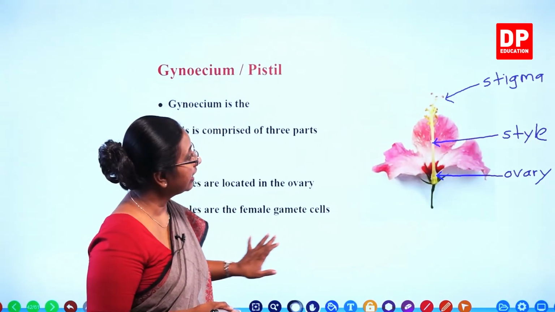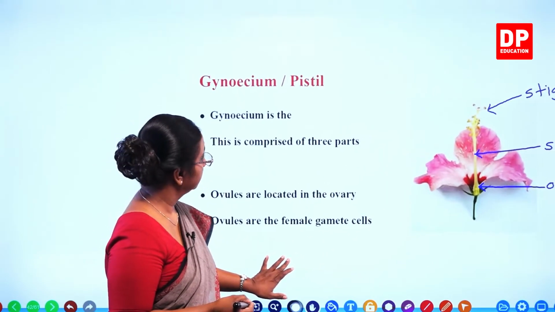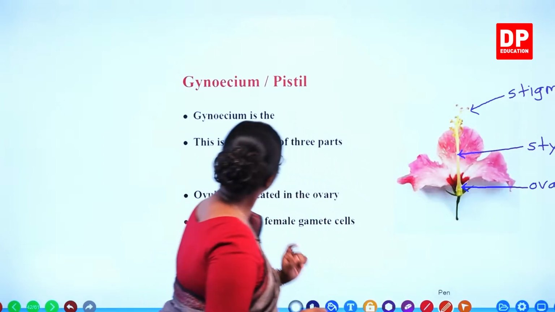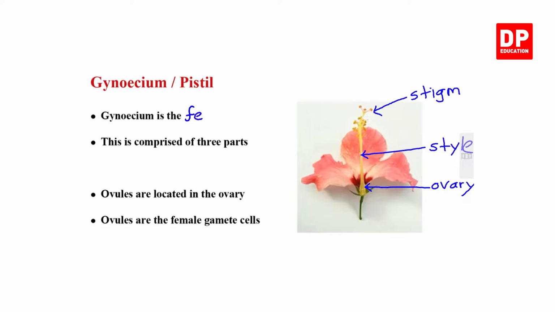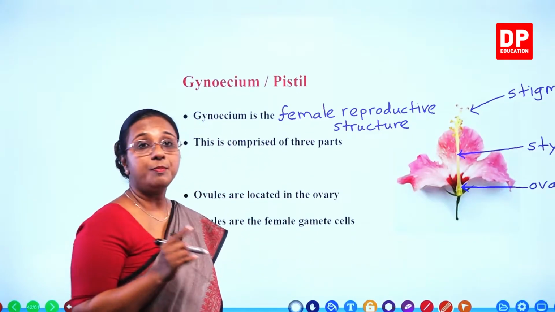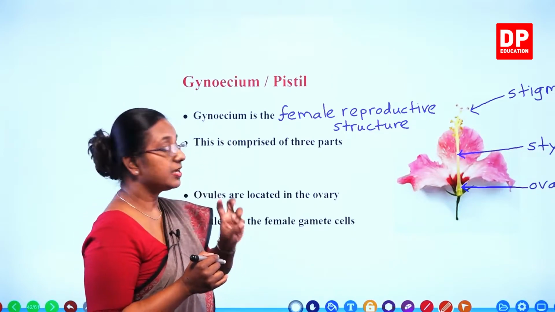So if we look at the features, gynoecium is the female reproductive structure. That is gynoecium or pistil. And this is comprised of three parts.